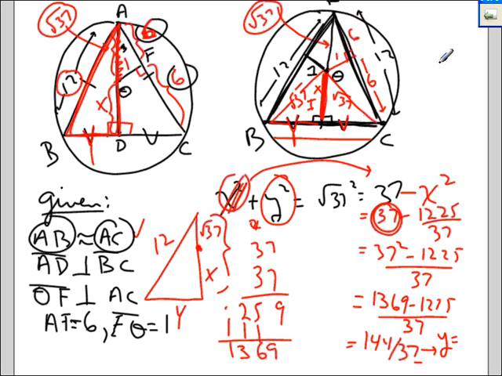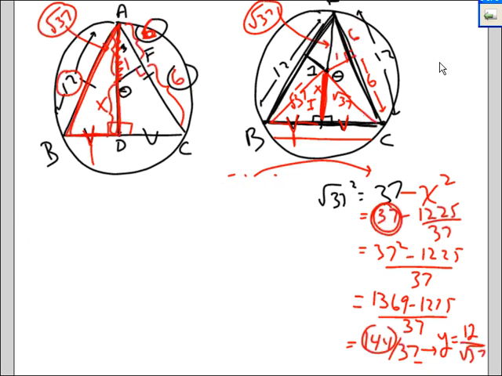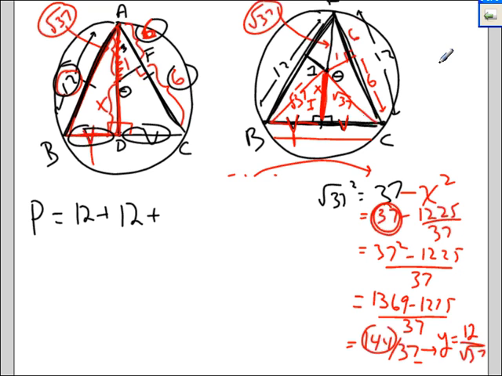So y is equal to the square root of the top, which is 12, divided by the square root of the bottom, square root of 37. And now I am ready to give the answer. The long-awaited answer. What is the perimeter? The perimeter of triangle ABC is this distance, which we claim is 12, plus this distance, which is also 12, plus y plus y.